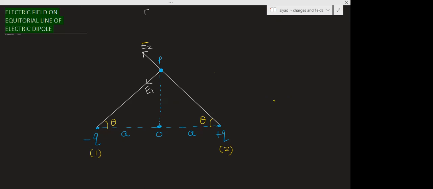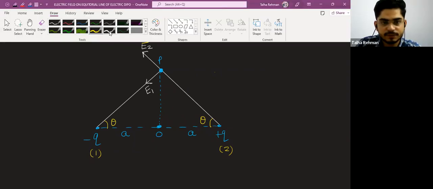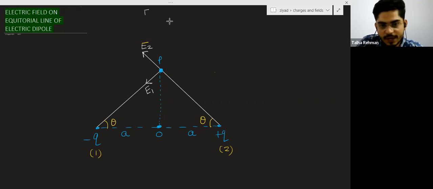So actually there is one technique that I will use here. I am drawing a line which is parallel to this line.